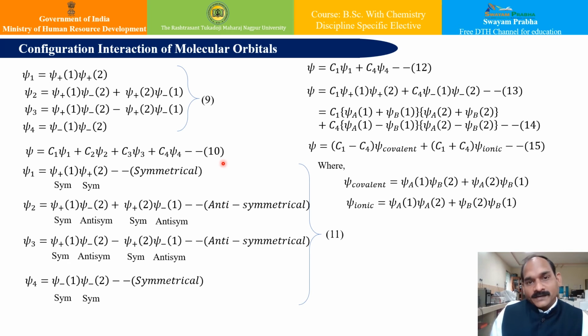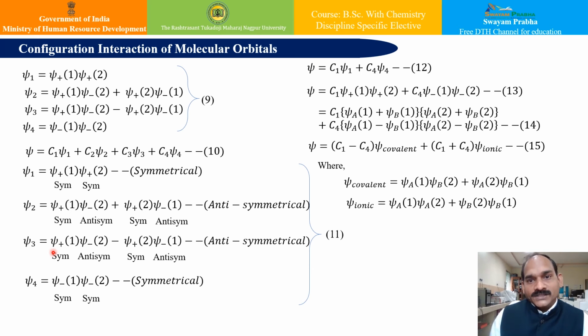So bonding is symmetrical and anti-bonding is anti-symmetrical. The symmetry nature of each of these configurations can be seen in this way. Psi1 is bonding for the first electron and bonding for the second electron, and this is symmetrical; the mixed ones are anti-symmetric, and psi4 is symmetrical again. So the functions psi1 and psi4 are symmetrical in nature, whereas psi2 and psi3 are anti-symmetrical.